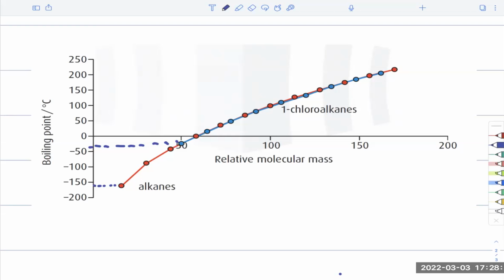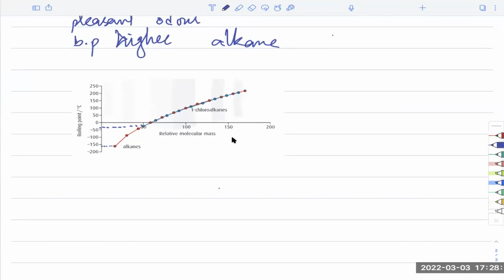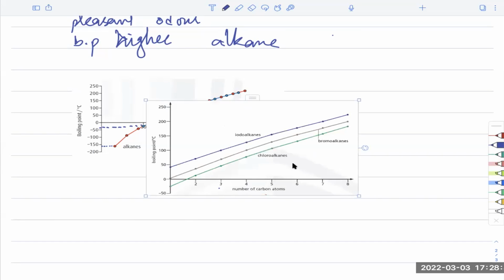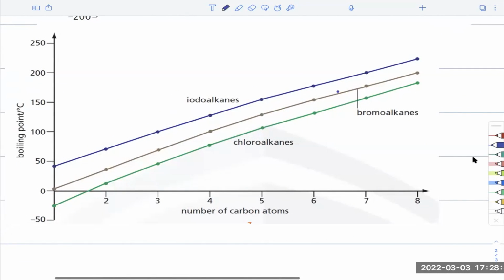So their boiling points are more than the boiling points of their alkanes. But here's a very interesting phenomenon. If I take the different bromine, chlorine, and all that, then this is the criteria.